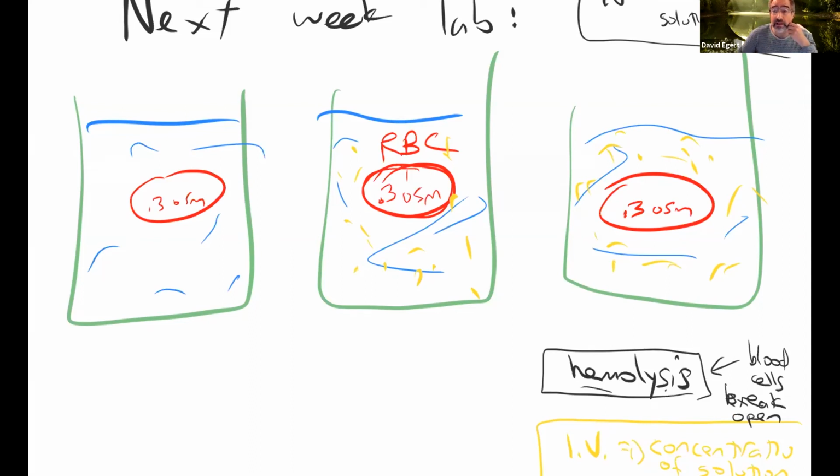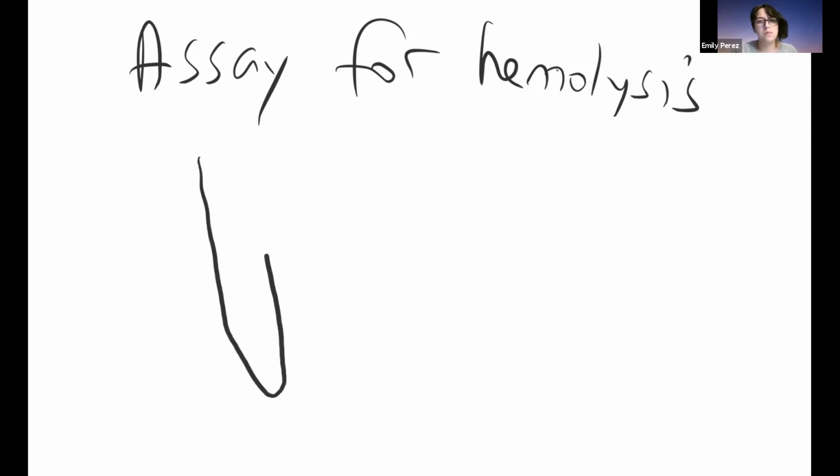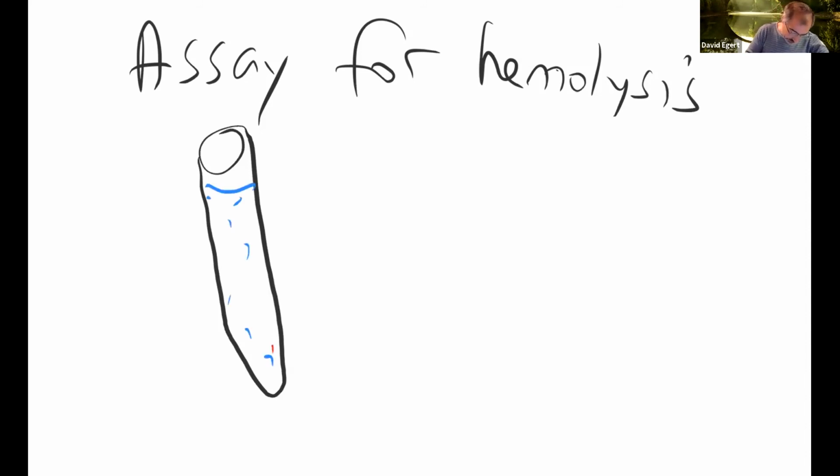We're going to be able to tell, and we have a nice assay for hemolysis. Assay meaning how are we going to tell if the cells exploded or not? We're going to have a test tube with some solution in it, and we're going to put blood in there. When you mix the blood in, it's just going to all look red, right?